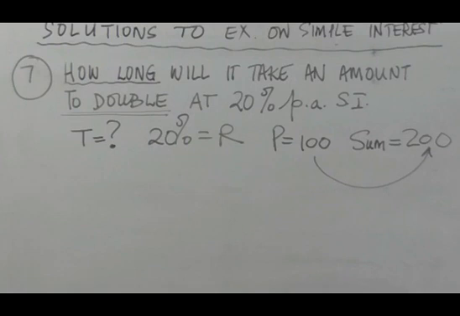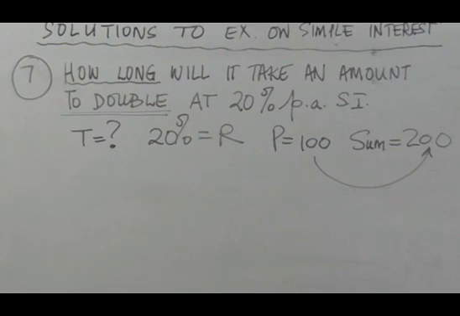A little bit of problem solving technique. You must know that it is your right to say, let the principal be 100 Rand, let the sum be 200. Or let the principal be 1 Rand and let the sum be 2 Rand.